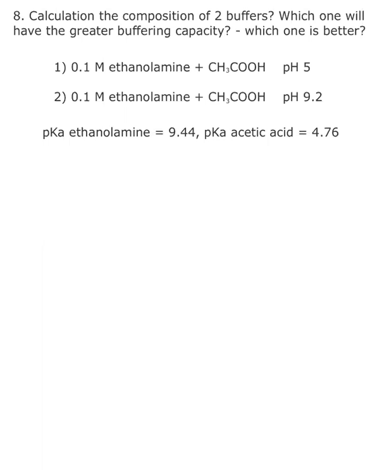So one thing to notice is that these buffers are composed of the same chemicals here, which are ethanolamine and acetic acid. But the difference is they are at different pH, right? And so the question asks you which one will be the better buffer than the other.